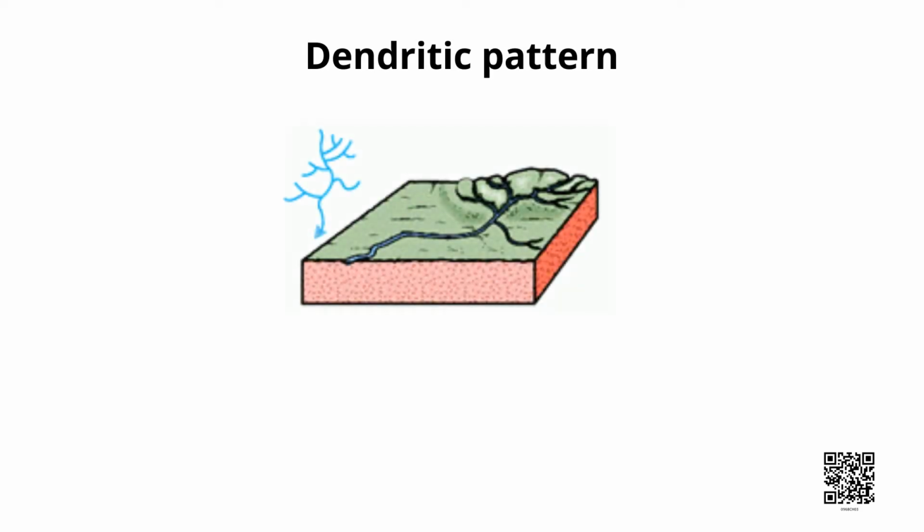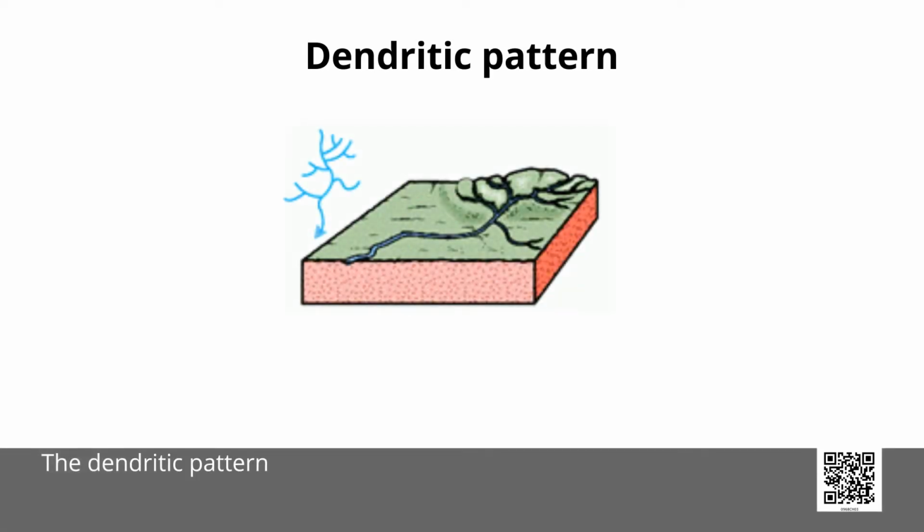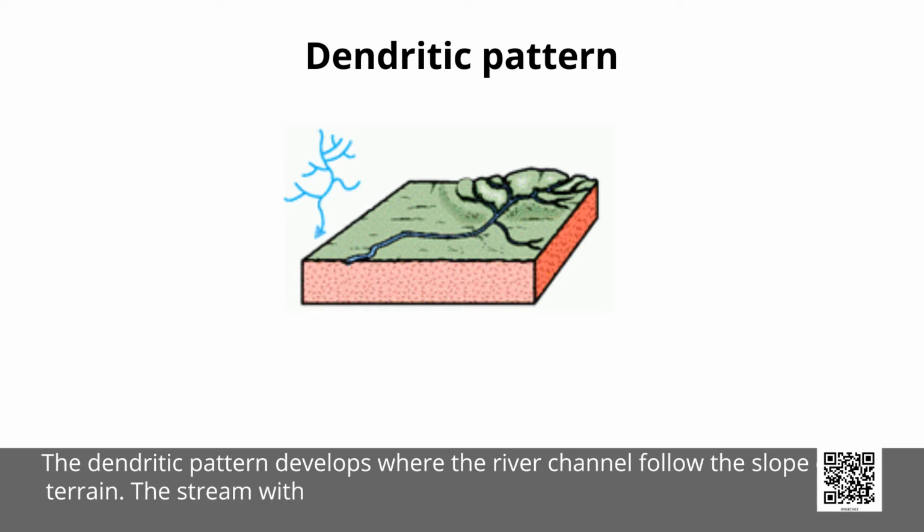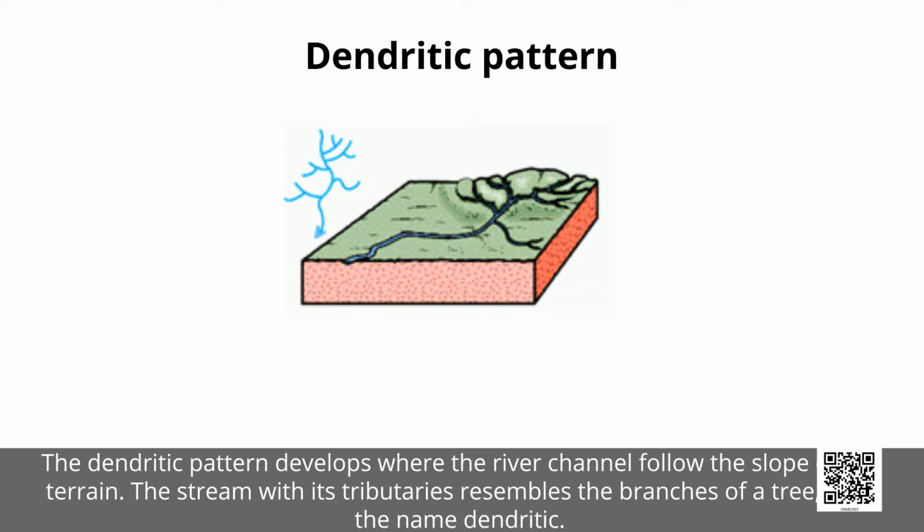Let's take up the dendritic pattern, which develops where the river channel flows along the slope of the terrain. The stream with its tributaries resembles the branches of a tree. Thus, the name dendritic, a river joined by its tributaries.